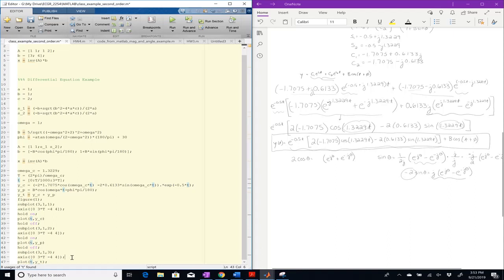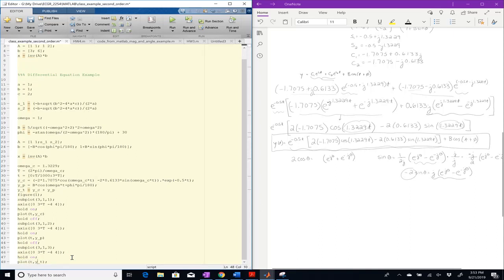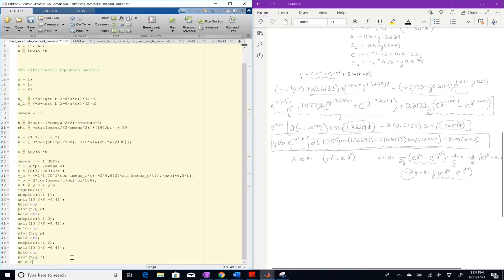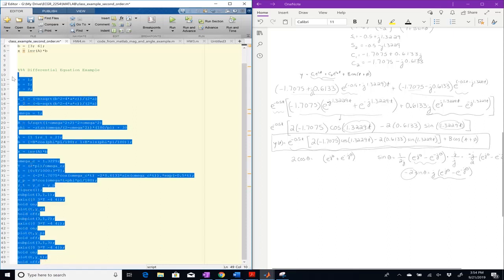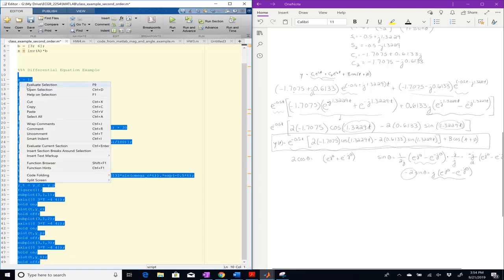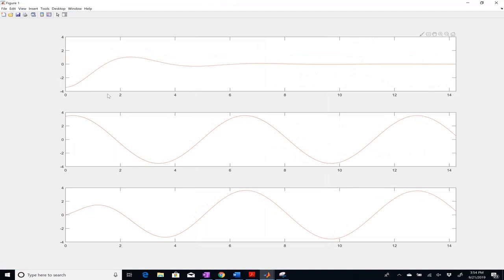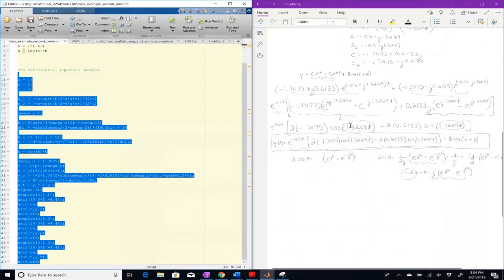So I'm going to type hold on. If you look at chapter 3 in the book, it talks about this. All right, so now there we go. Now I can see a little bit more clearly this guy's going to 0 than I could before. Okay, hopefully that helps to explain a little bit more about how to solve these problems.